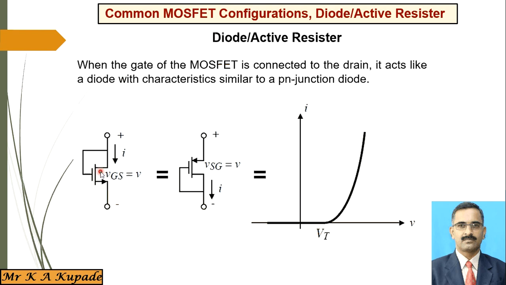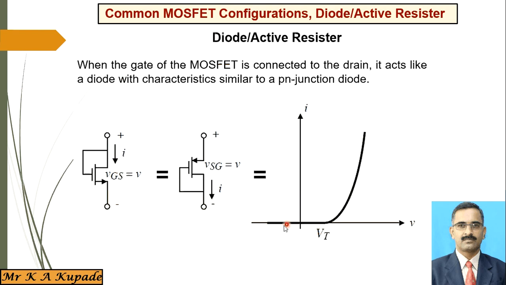Whenever this VGS voltage is increased and reaches the threshold voltage Vt, at that time this MOSFET is switched on, and there is a sudden increase in I.